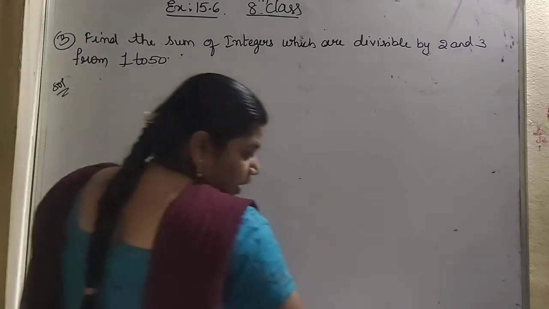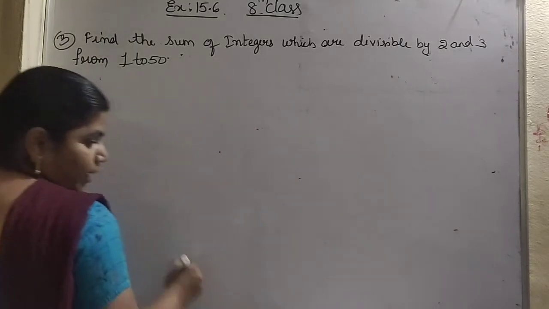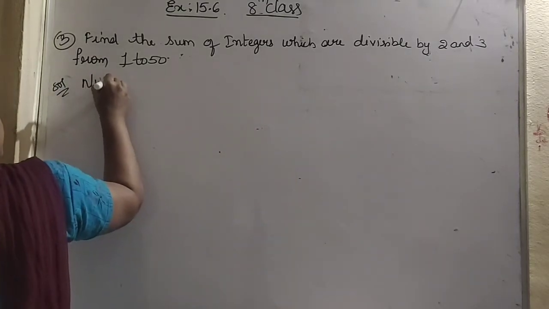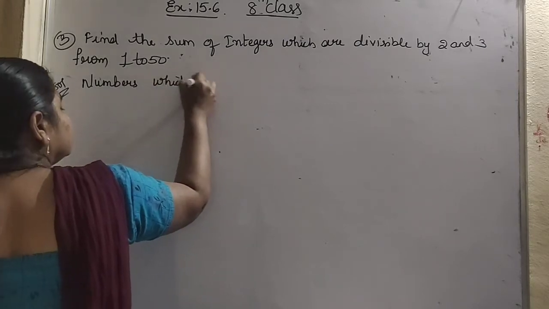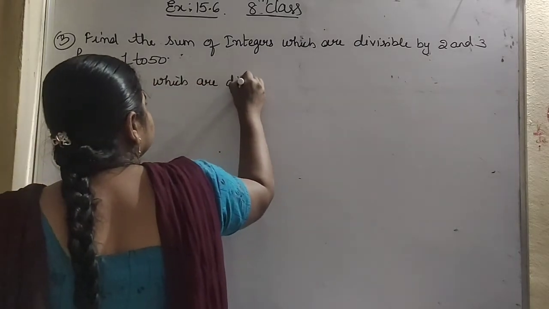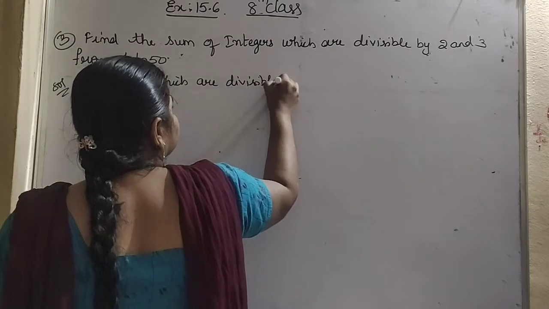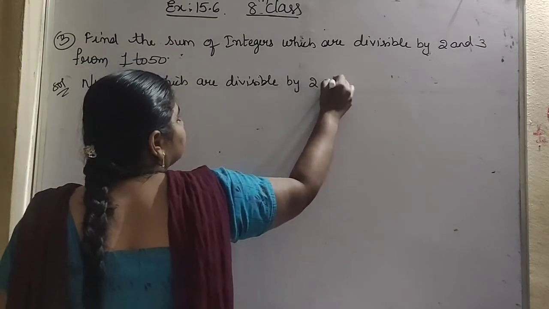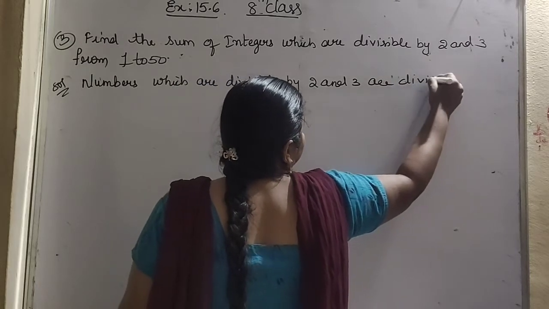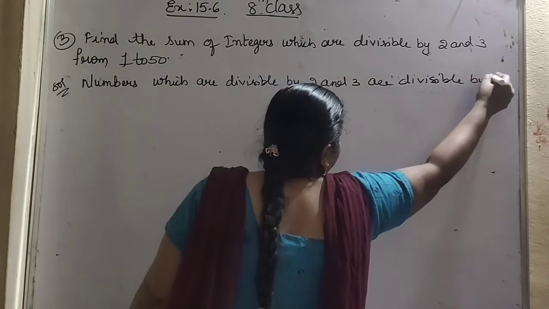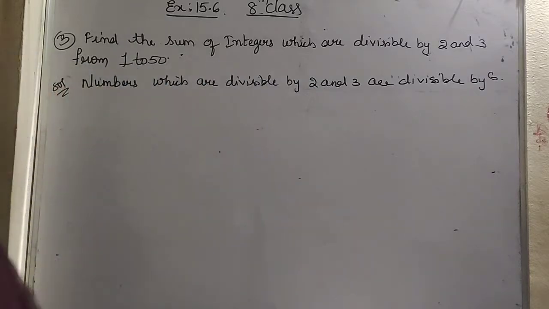So here the numbers which are divisible by 2 and 3 are divisible by 6. So what we have to write now?